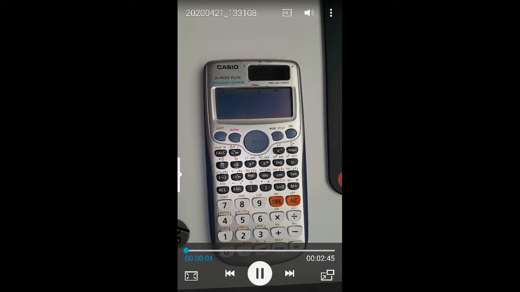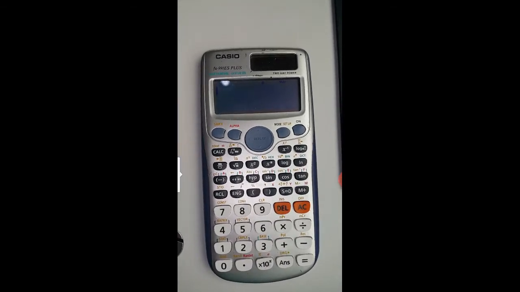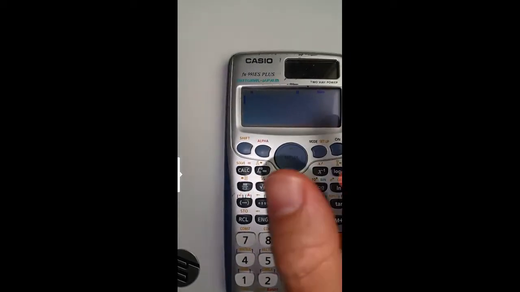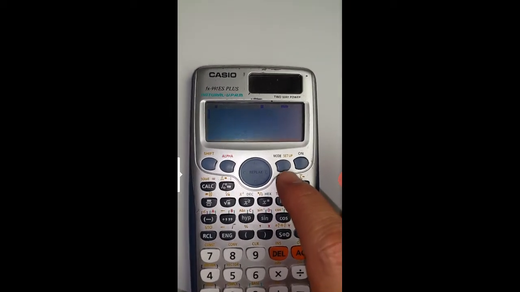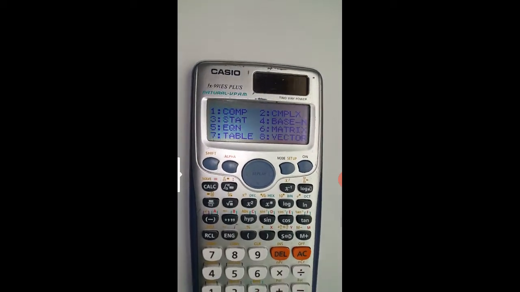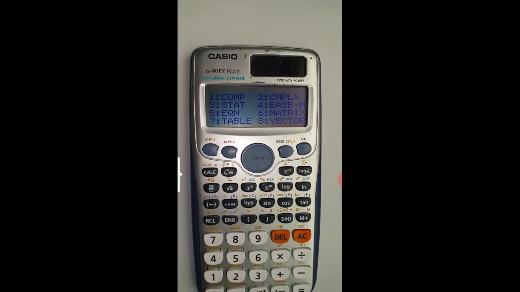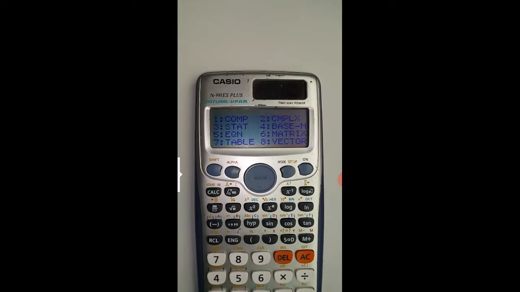In order to perform the substitution, guys, I'm using a Casio fx-991ES. If you look at the top right of the calculator, you hit the button Mode, and the calculator will show you the available modes, and we're looking for the table mode.